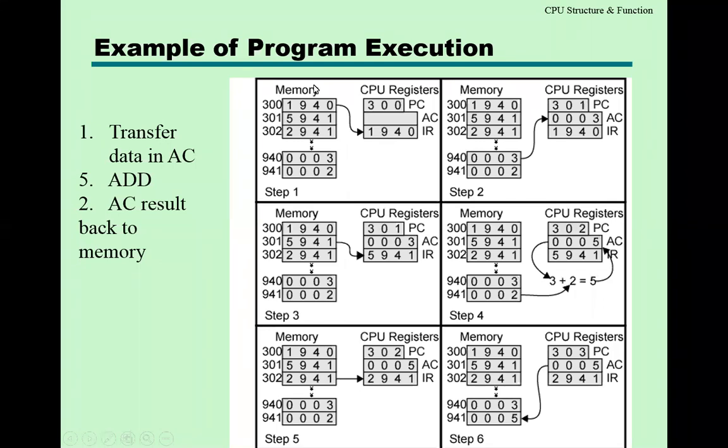So observe this arrow. Now this is our memory, and these are the CPU registers. In memory, there are 300, 301, 302, 940, 941. These are nothing but the addresses. And we have seen your memory is divided into units.